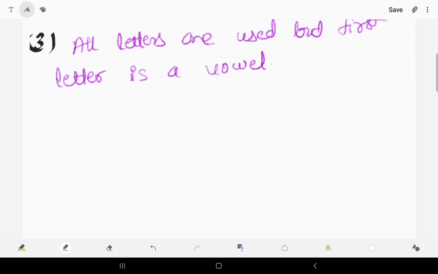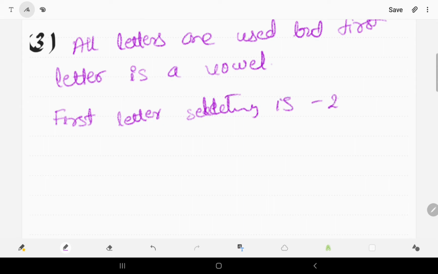Okay. Next, after selecting the first letter, 2 choices. Next, the remaining 5 letters, total 6 letters are there.